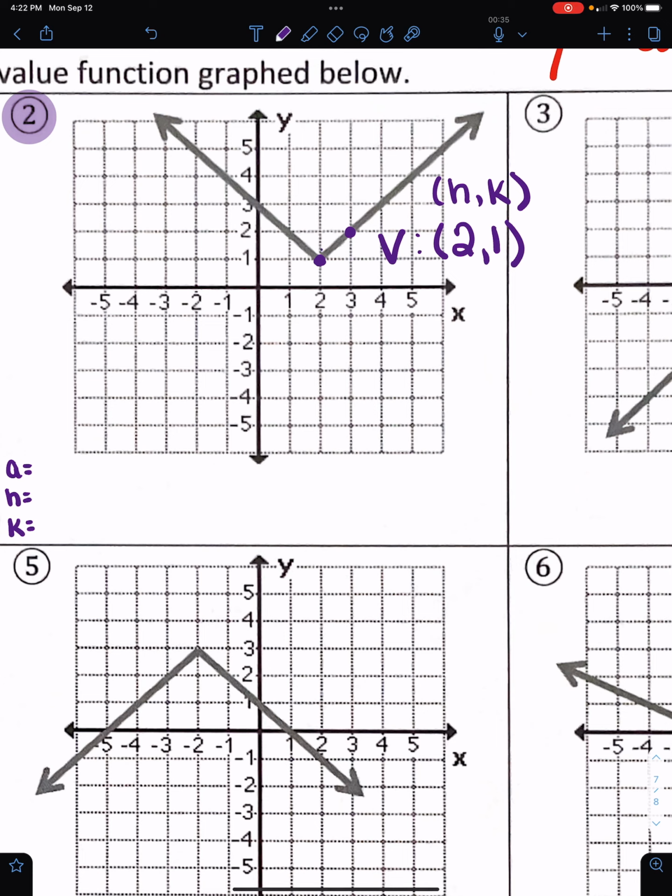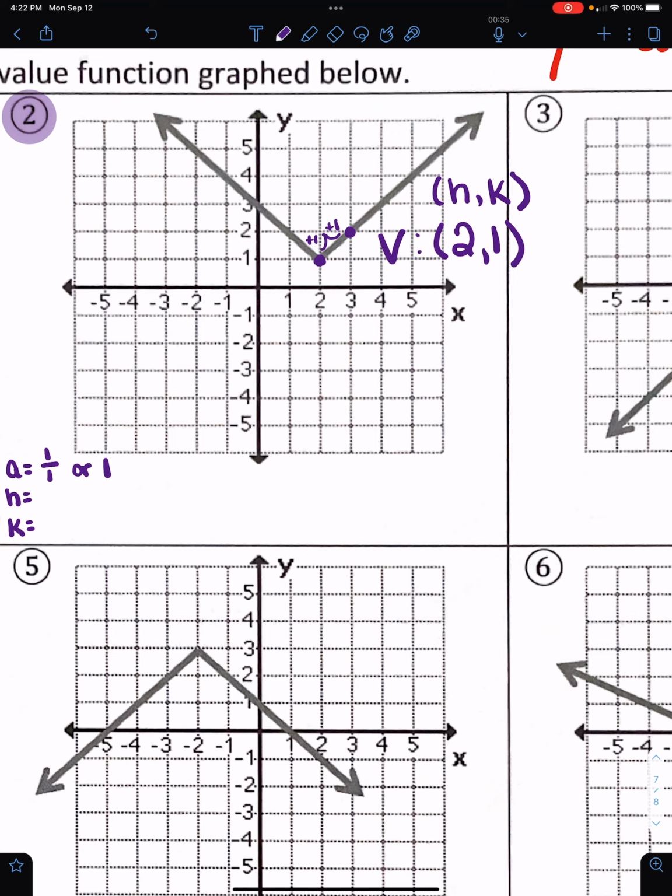So this is where I go up 1 and I go right 1. So this is a rise over run. So positive 1 over positive 1, which makes the a value 1 over 1 or just 1, simplified, okay?